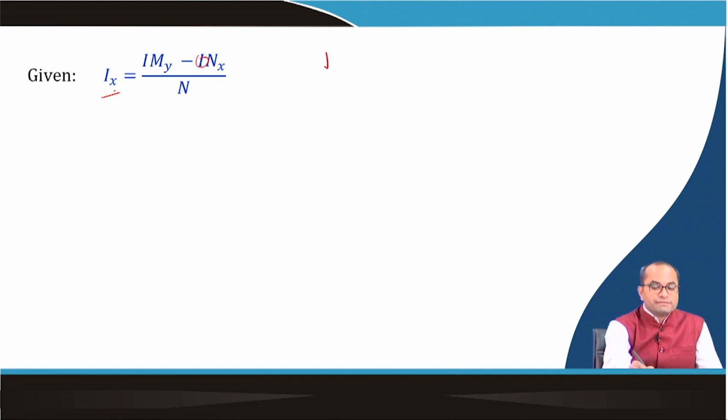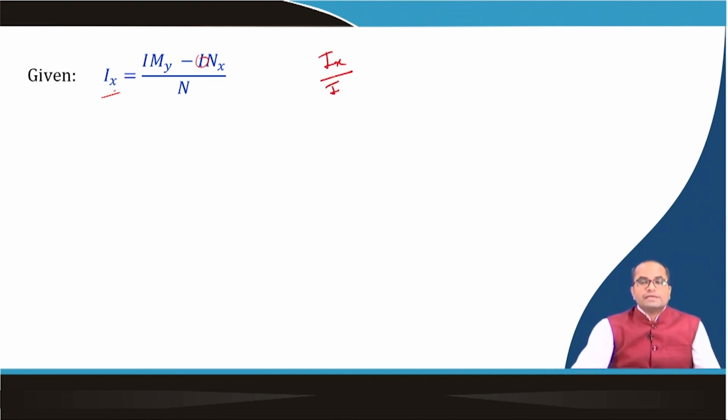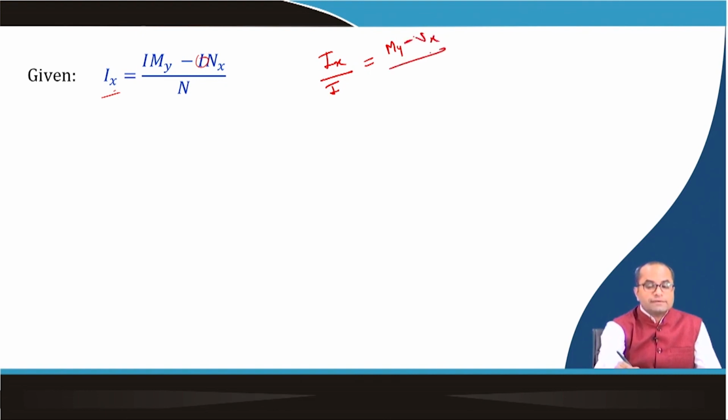So, on the left hand side we will have I_x over I, because our assumption is that our integrating factor is a function of x alone. This makes sense when the right hand side, M_y minus N_x divided by N, is a function of x alone.